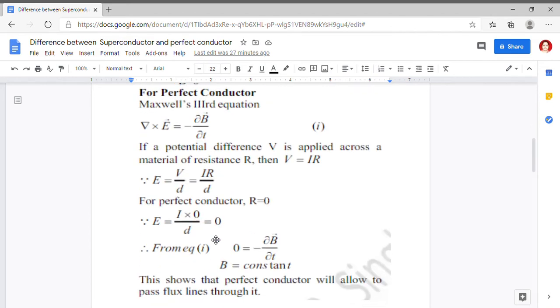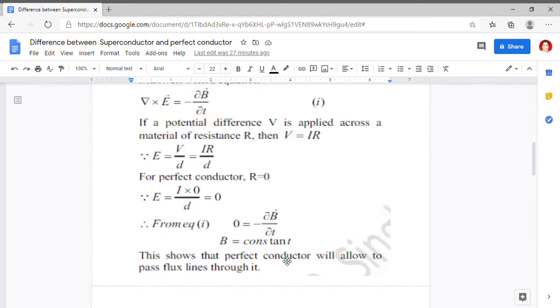As the material is a perfect conductor, and for a perfect conductor resistance is 0, putting R to be 0, I get my electric field E is 0. So 0 equals minus del B by del t.